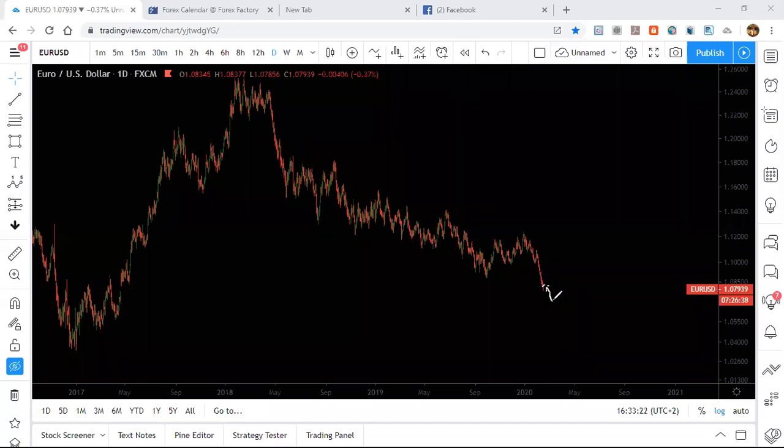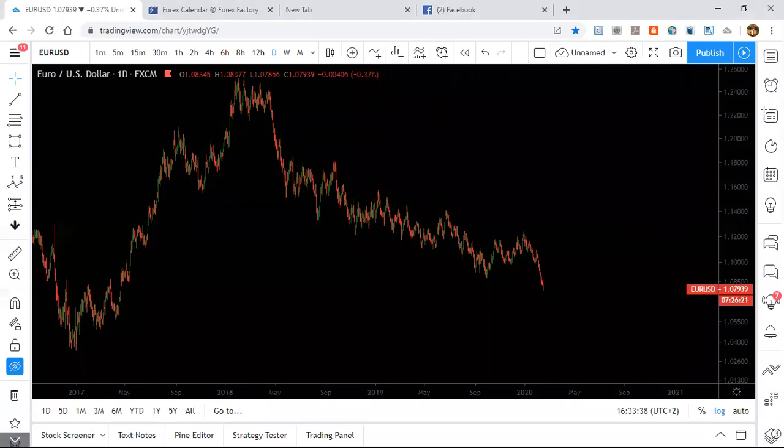But probably it's going to push to the upside very soon. Therefore, there is nothing better than waiting for this trend to start giving signals that there is a trend reversal. This downtrend is coming to an end, and we are ready to go all the way to the upside.